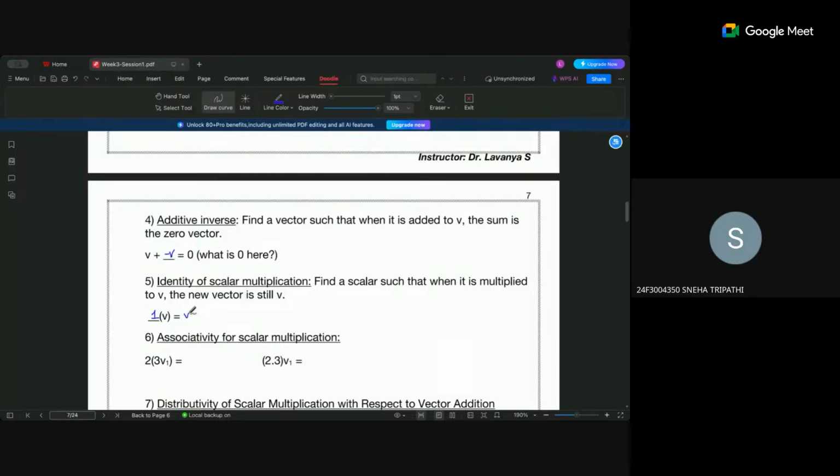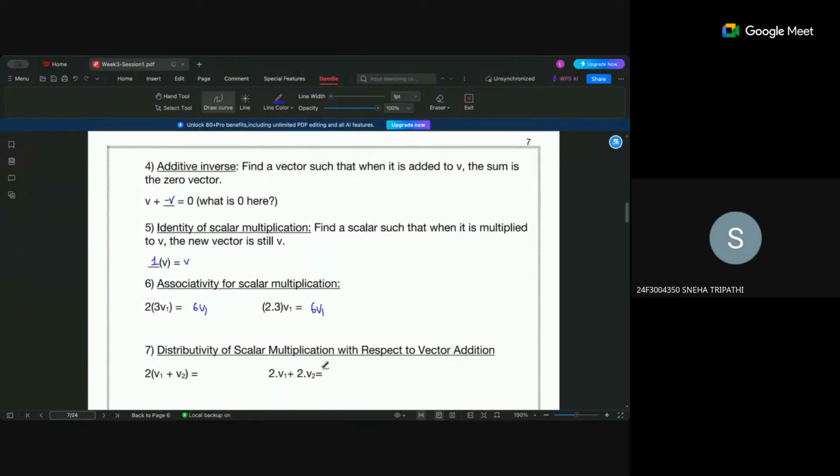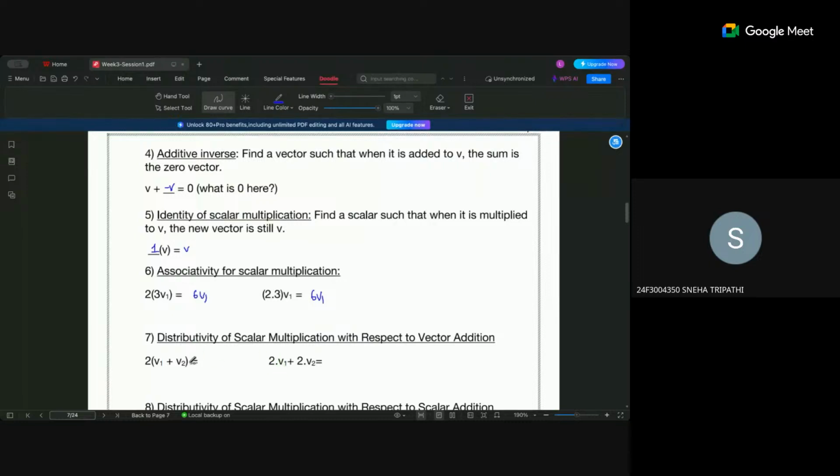Associativity for scalar multiplication. So now also we are just doing the bracket changing. You know that the answer is 6V1 in both cases, right? What is the distributive property here? Suppose you have 2 times V1 plus V2. V1 plus V2 was 3 comma 3 if I remember correctly. The answer is 6 comma 6.